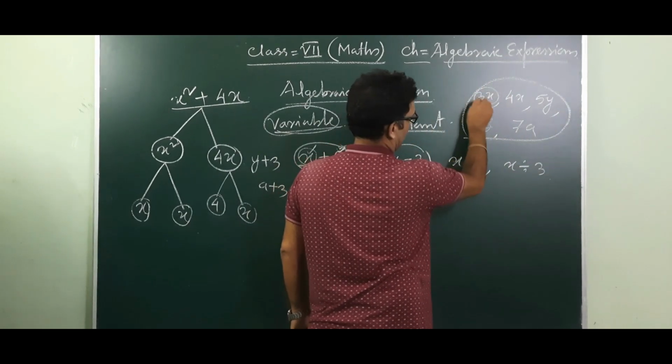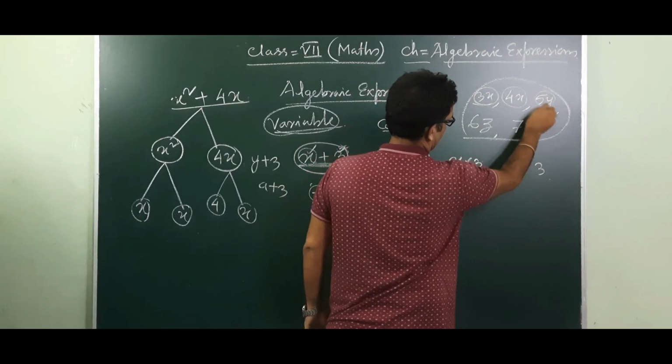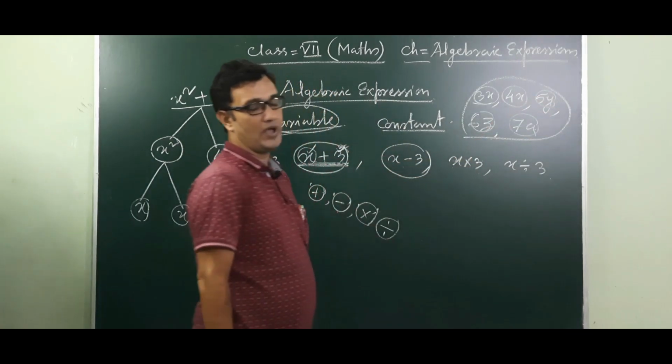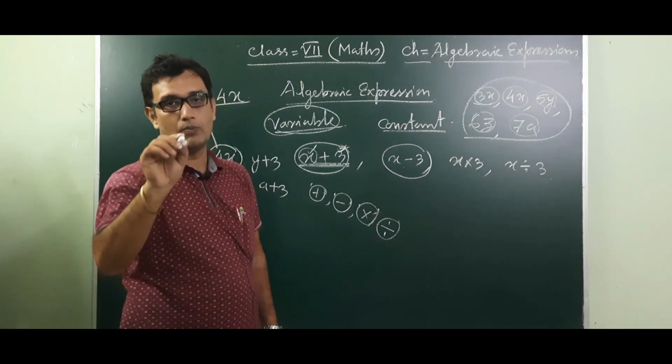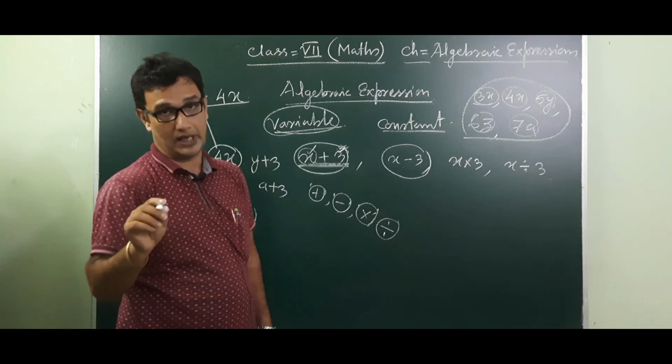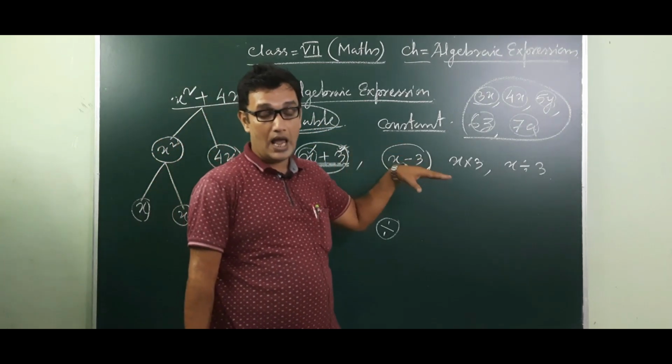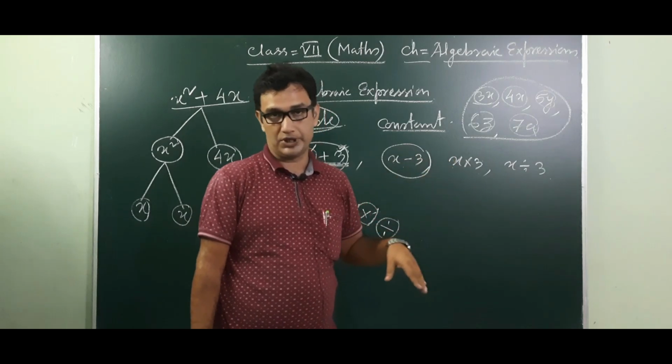Here you see only one term, here also one term, here also, here also, here also one term. These types of expressions are called monomial expressions.